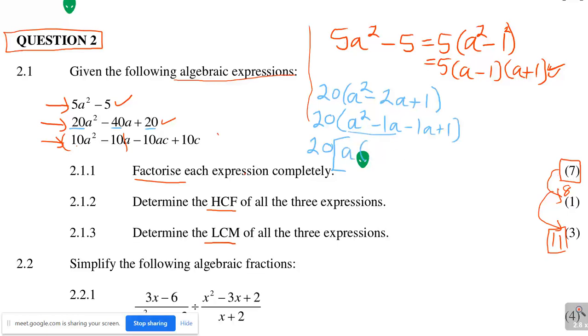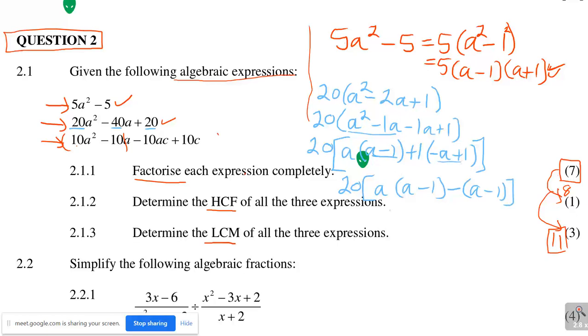So a into a squared is a, then a into 1a is minus 1. If there is a negative, start with a plus first. Take out a 1 here, you'll have negative a plus 1. Then close the big bracket. Then you still have your 20. You've got your a, which is a minus 1. Now take out the negative there, it becomes a minus 1, so that it can match, because it was not matching at first.